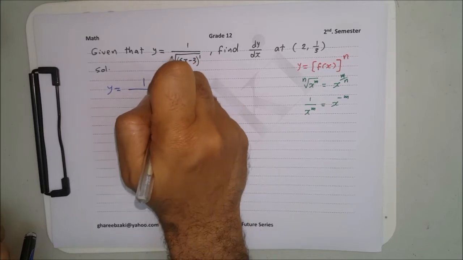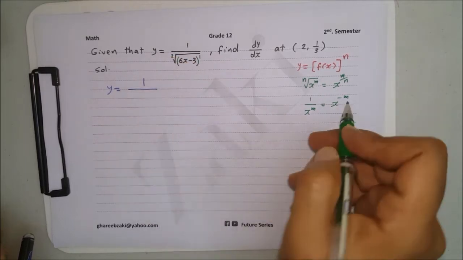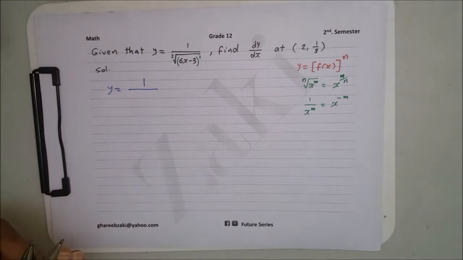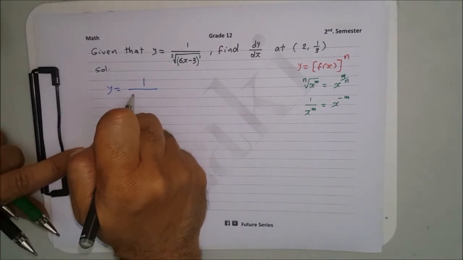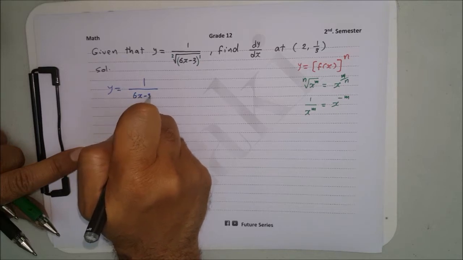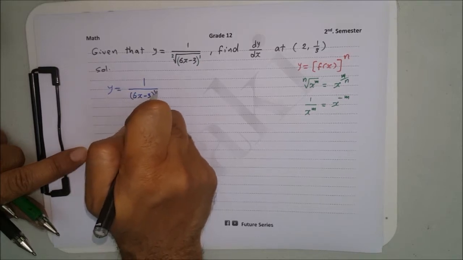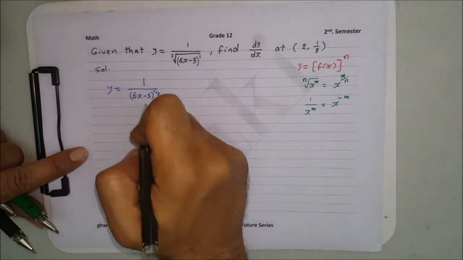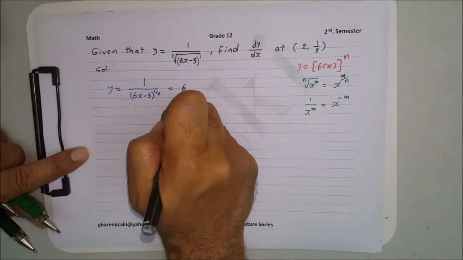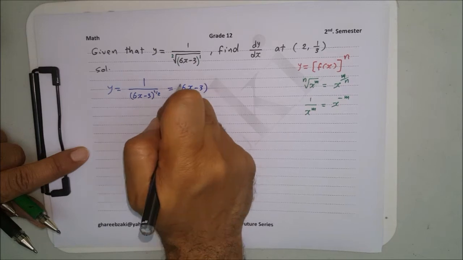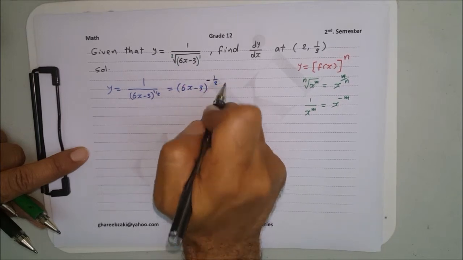And this is a square root, it means the power 2. So the power inside over outside. Then the answer is here, y equals 6x minus 3 to the power half. This is the first step. Shift this up, so it becomes 6x minus 3 to the power negative half.